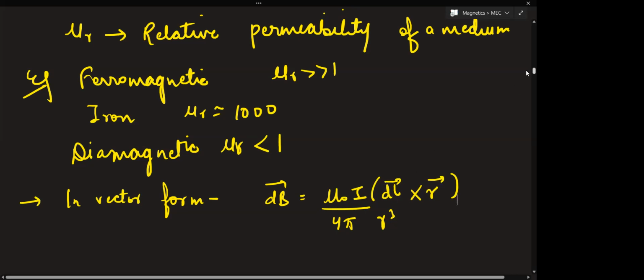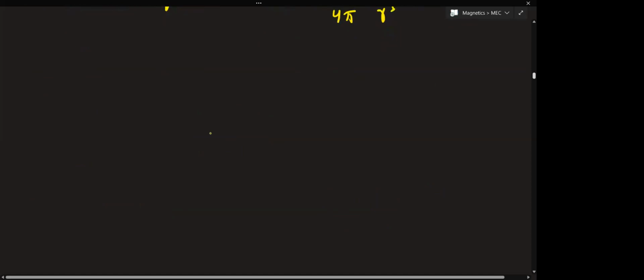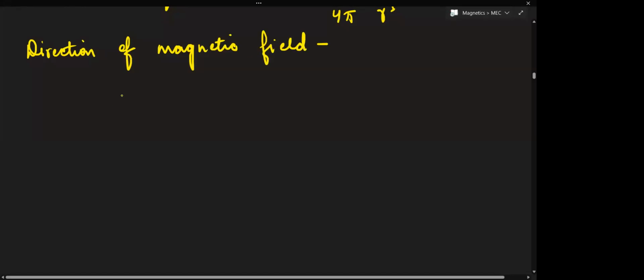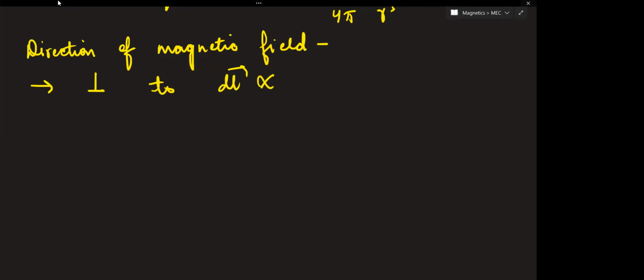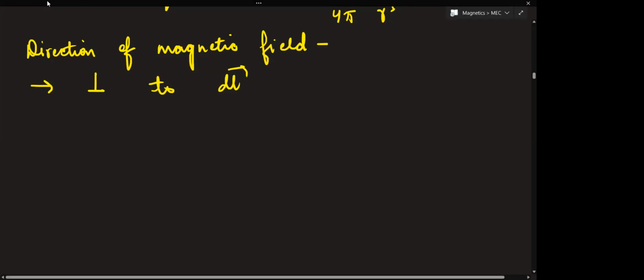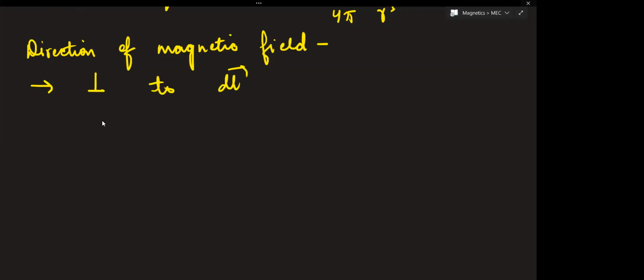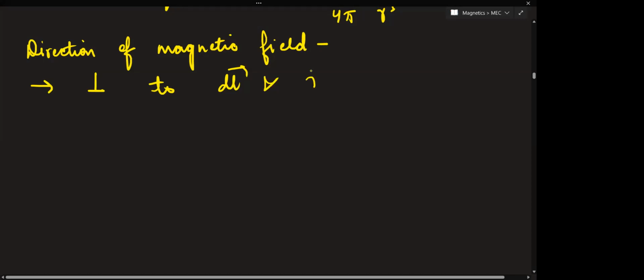Now, direction of magnetic field is very important. Firstly, remember that it is perpendicular to dl and r vector. Secondly, you must have heard of various rules.